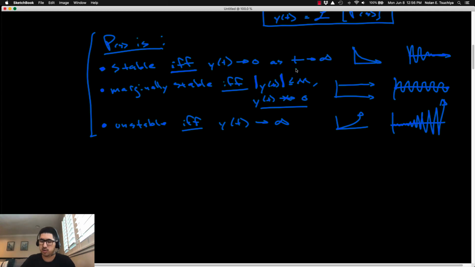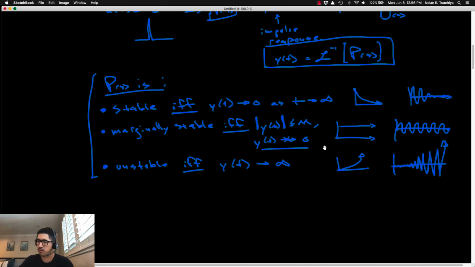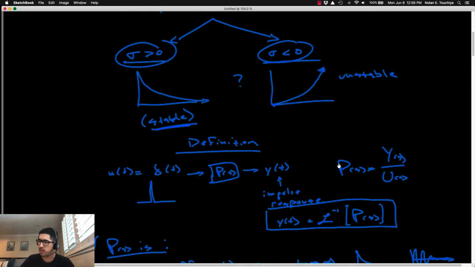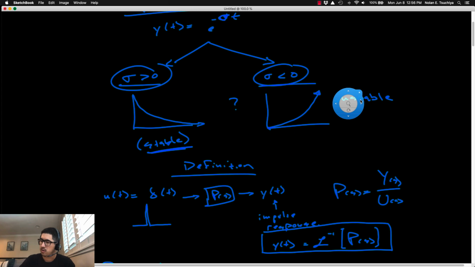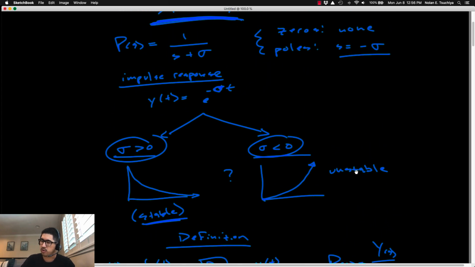That's considered marginally stable. Now, based on our original example up here, if we look at the first order response, for this first case sigma was greater than 0, and remember the pole location is s equals negative sigma.